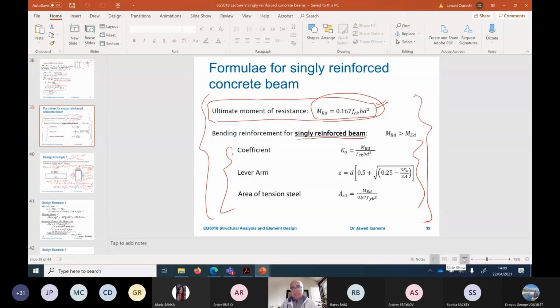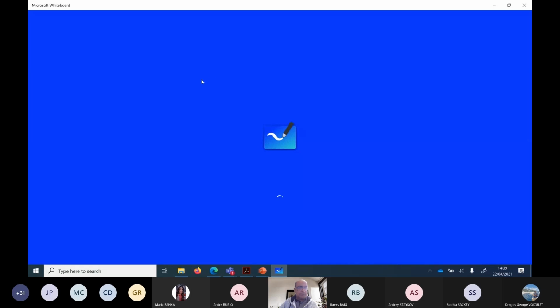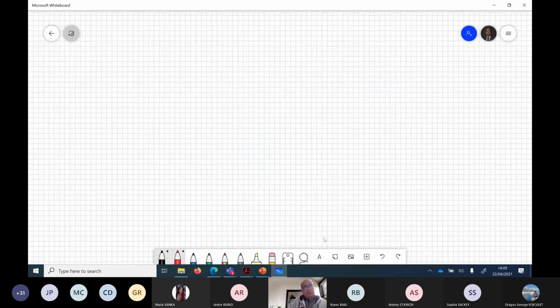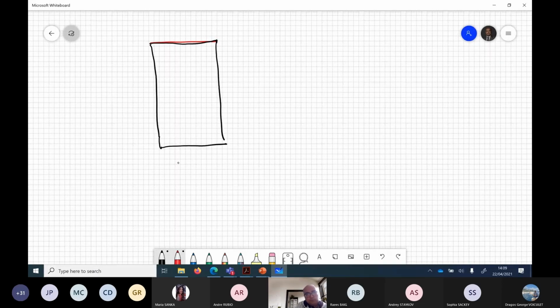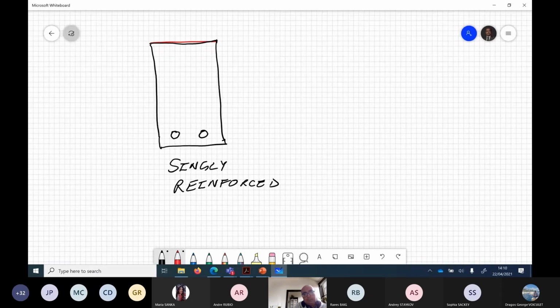Just to clarify what it means by singly reinforced concrete beam, I will draw some pictures. So a singly reinforced concrete beam, if you have a rectangular section, this is the cross section of a beam. It's a rectangular beam. In singly reinforced concrete beam, you will have bars only at the bottom, tension bars.